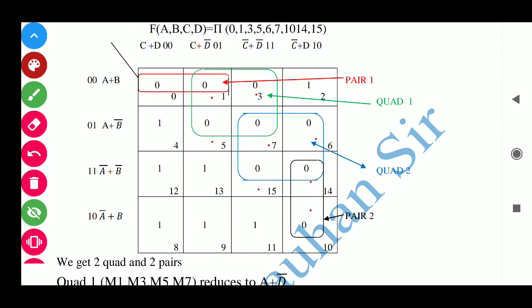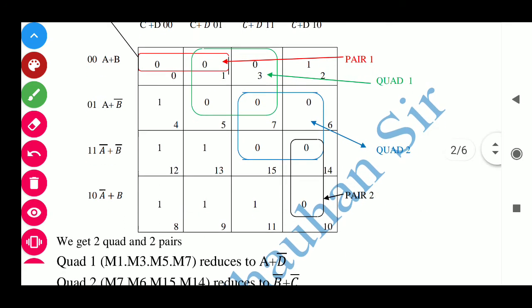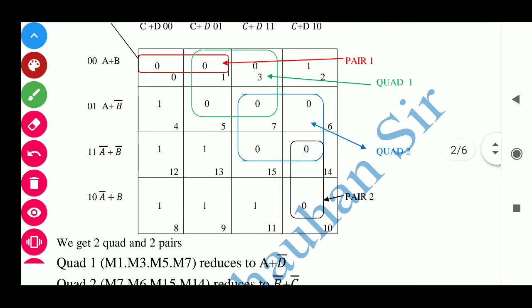After this, you check how many octets can be made. We can see here no octet can be made, but quads we can get. We can see here there are two quads.